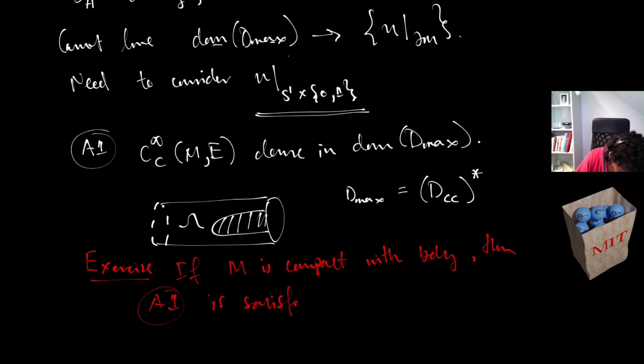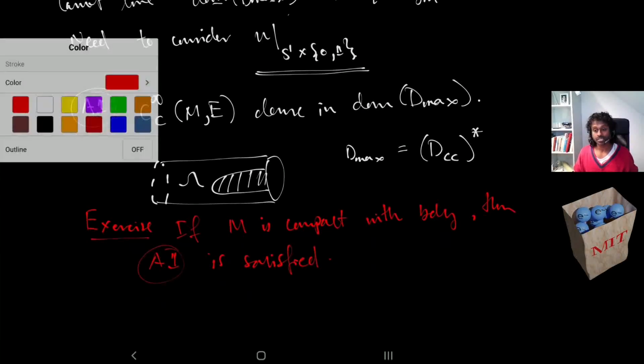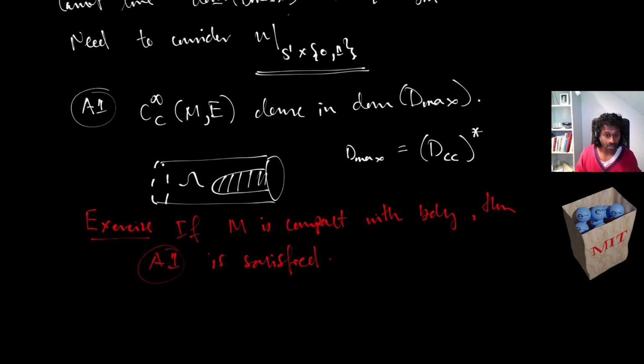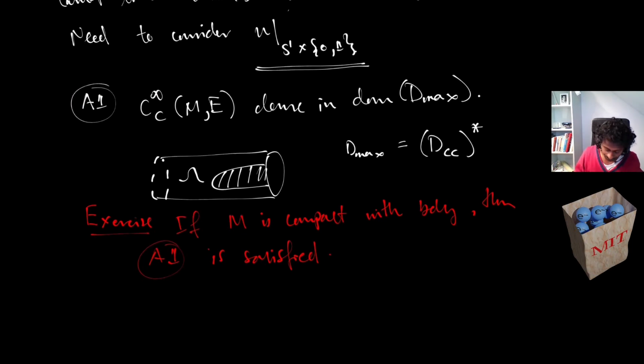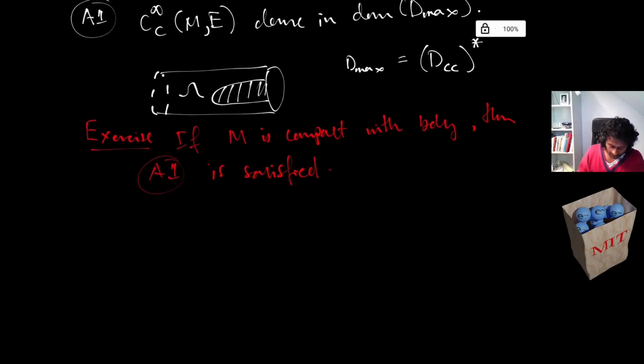Okay, so the way that this assumption comes in will become clear in time. I won't labor the point too much. So the second point was the kernel of the gamma being equal.